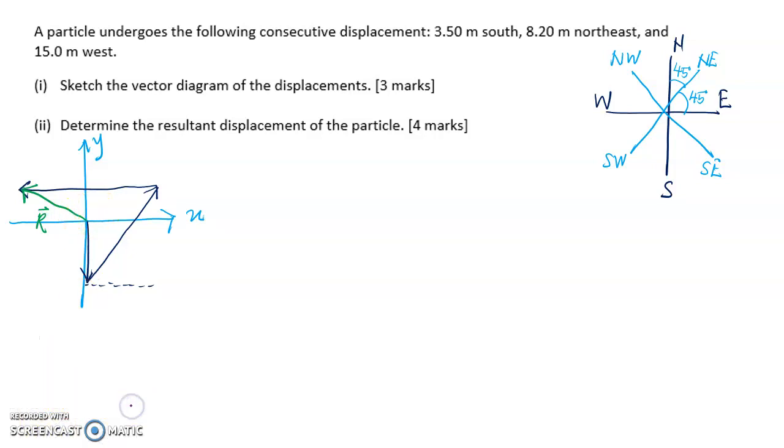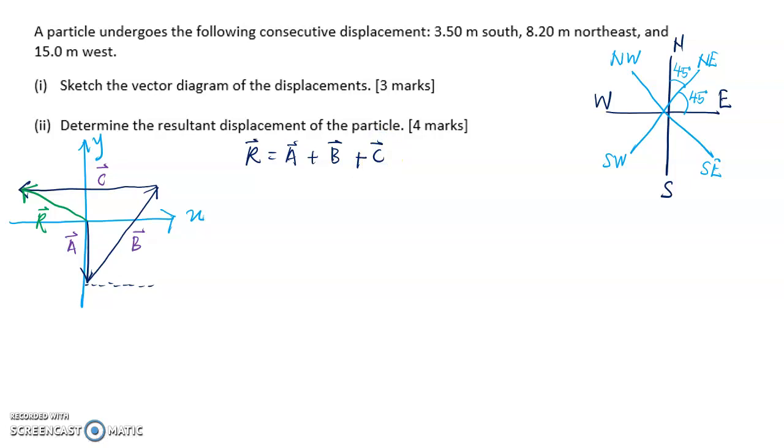The three paths can also be represented by vectors. Let's assume the first one is vector A, the second one is vector B, and the third one is vector C. So in the end, in order to arrive at the final position, r is going to be equal to A plus B plus C.